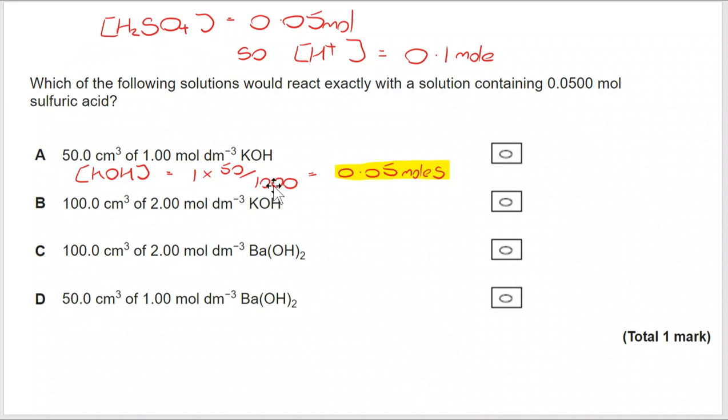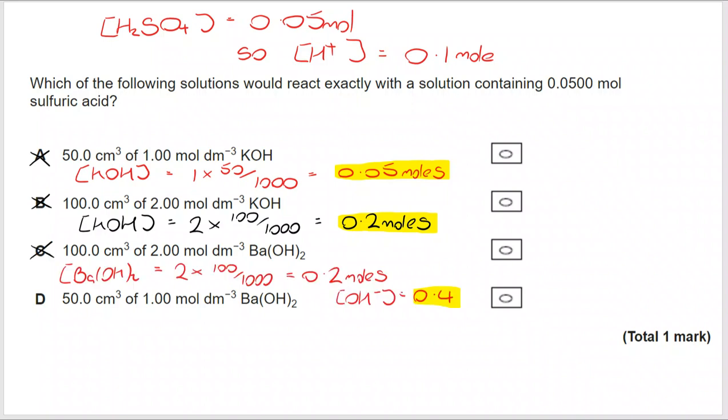And I've got 0.05 moles of KOH, and there's 1 OH minus in each KOH. So that's my number of moles of KOH. If I look at the next one, dealing with the concentration of KOH, well, our concentration is 2. We're multiplying by the volume, 100 over 1,000. That's 0.2 moles. Neither of those are correct because I need 0.1 mole to counteract the H plus.